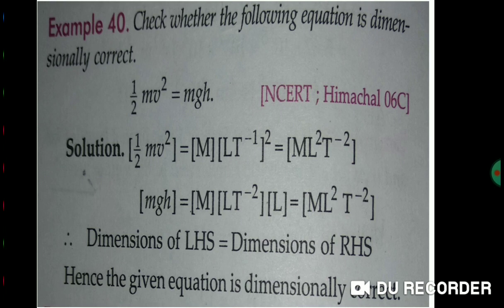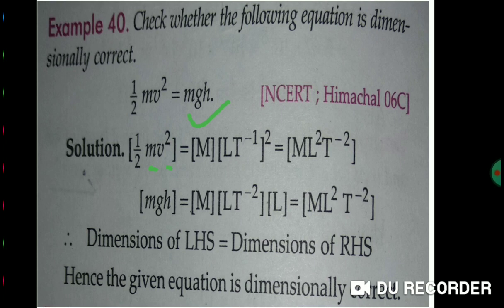Now first we take the LHS part, half mv square. In the previous class we discussed dimensionless quantities. So this half is a dimensionless quantity, so we simply ignore it and put in the dimensions of the physical quantities. First m: the dimensional formula of mass is M. Second is velocity square.